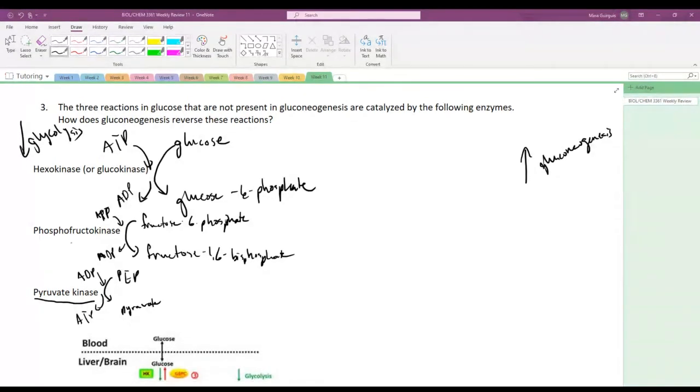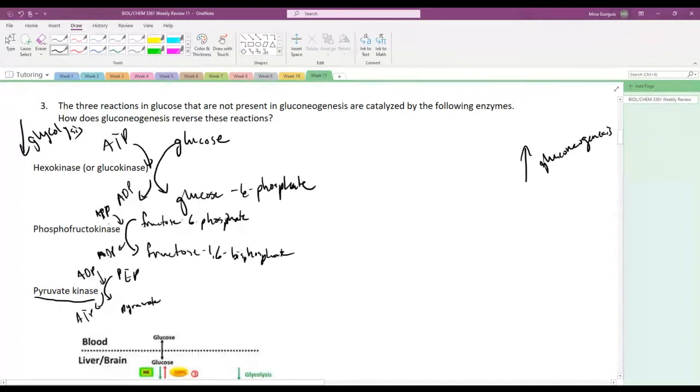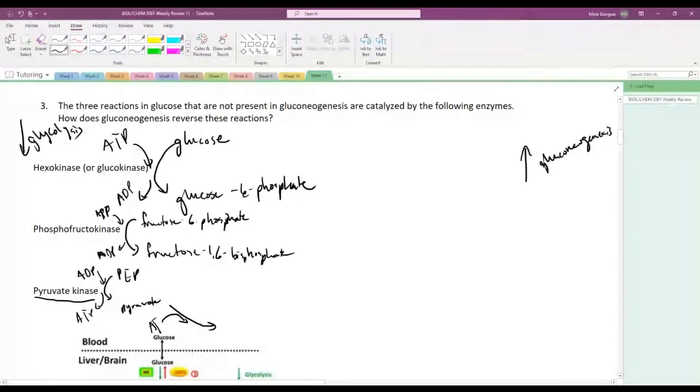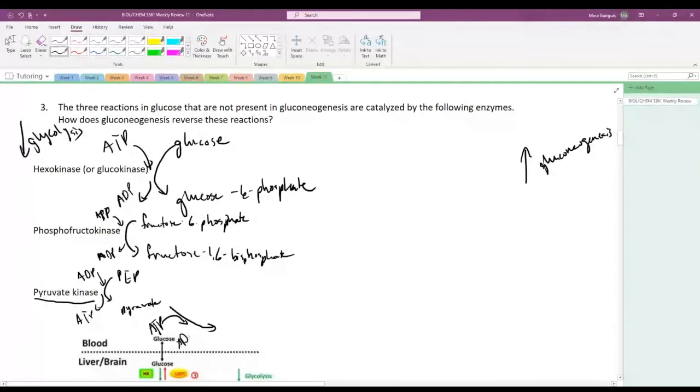So the first reaction is going to be the reaction of pyruvate to oxaloacetate. Okay, so pyruvate, I lost my mouse. There it is. Pyruvate using ATP to ADP is going to give us oxaloacetate.